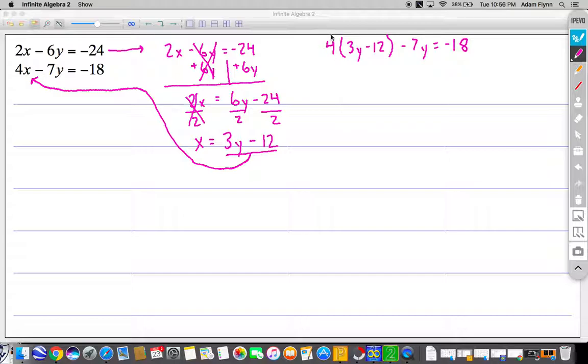So I'll distribute to get rid of the parentheses. So I have 12y minus 48 minus 7y equals negative 18.